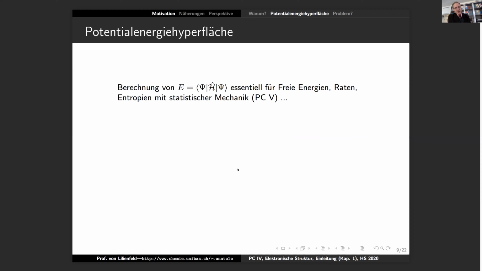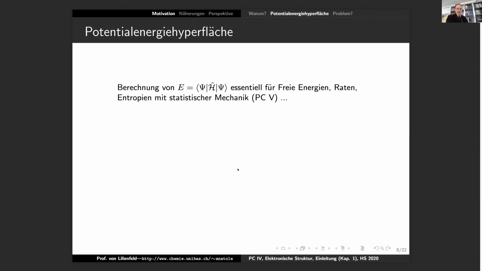So the calculation of this total energy, which you can also write as the expectation value of the inner product of your Hamiltonian working on the wave function with the wave function, is thus essential to predict free energies, to predict rates, to predict entropies, and so on.